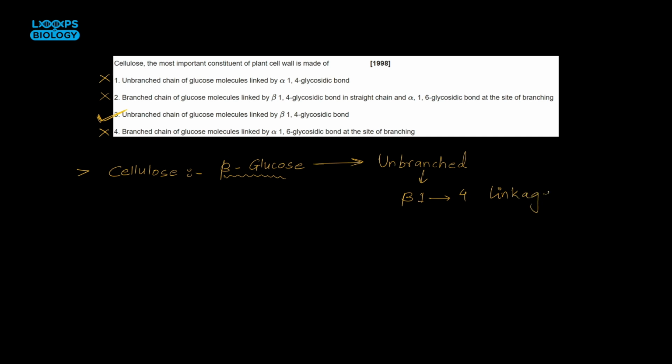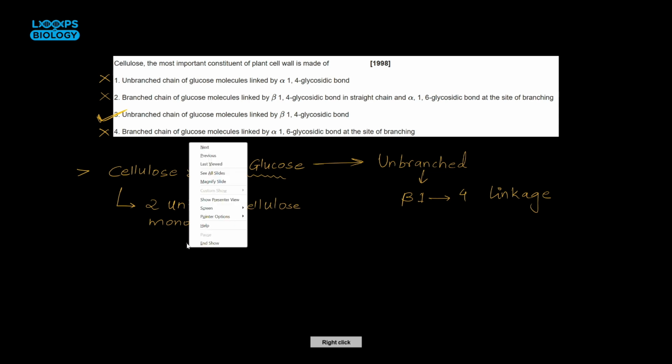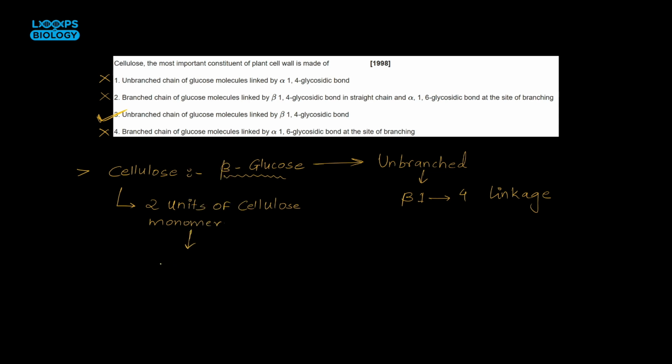If I'm talking about 2 units of the monomer, this structure is called cellobiose.